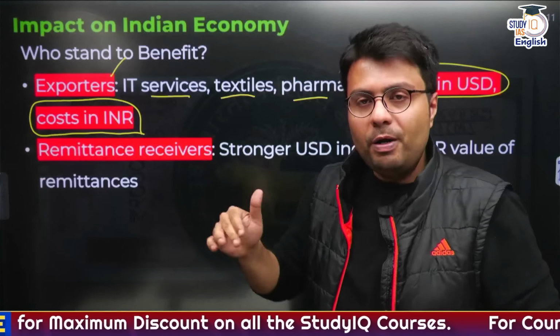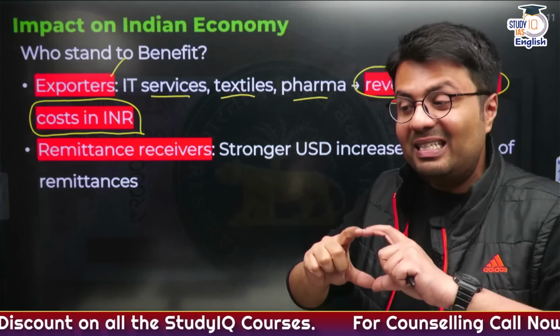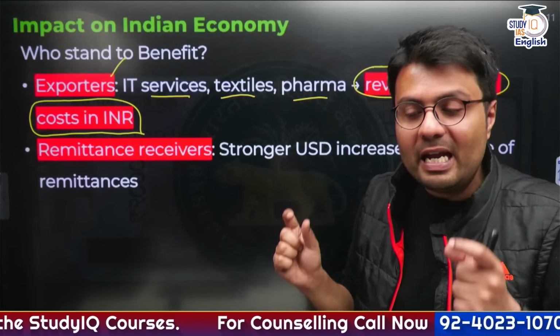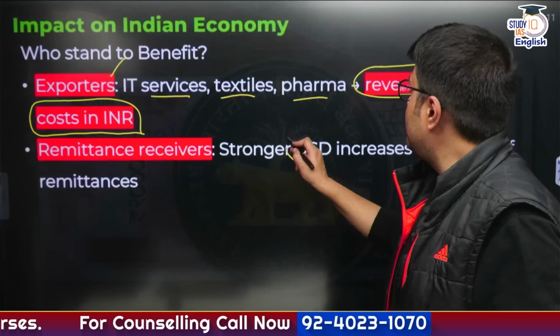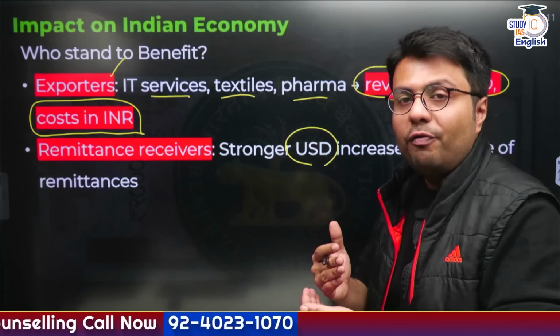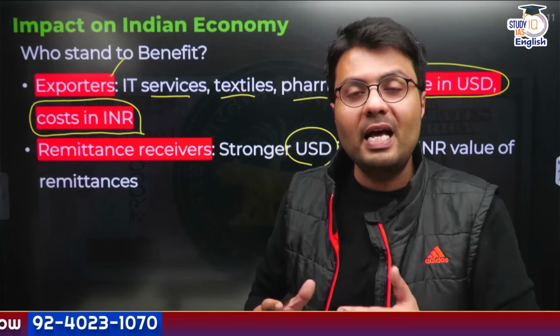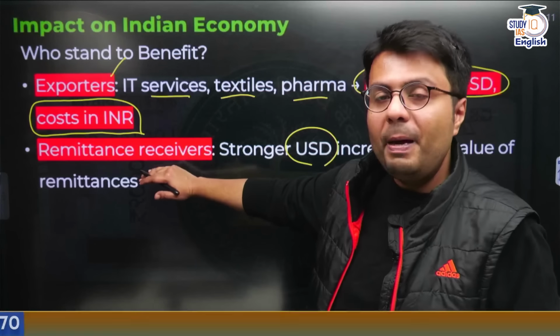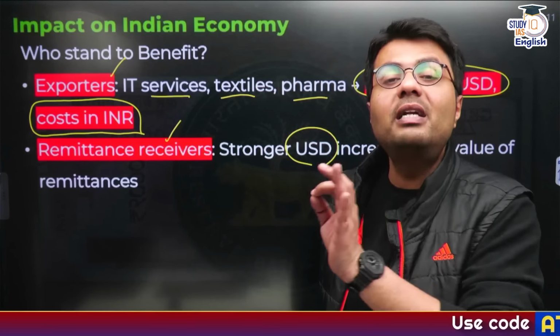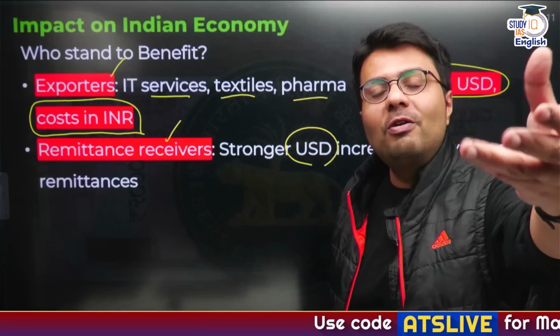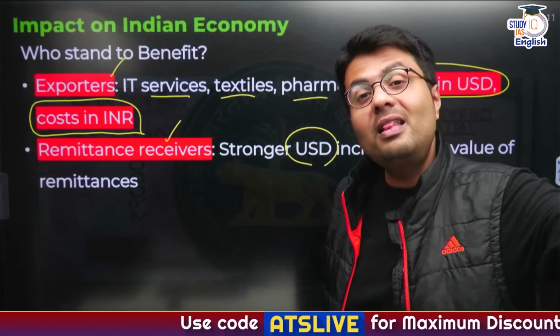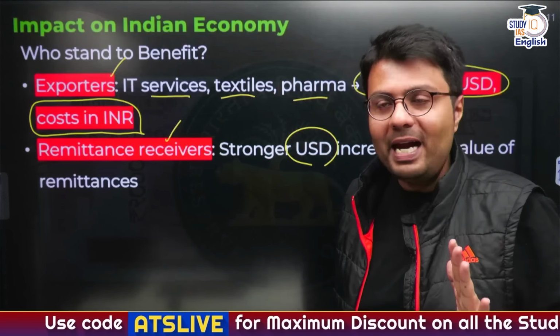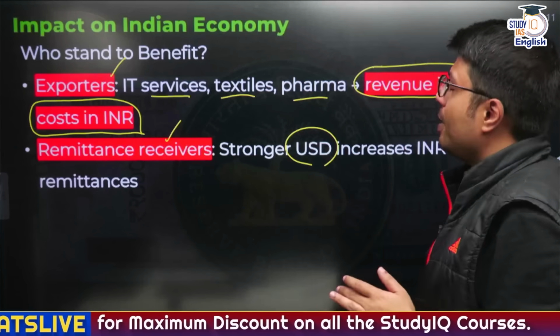India is the highest receiver of remittances anywhere in the world, and a stronger US dollar means that in terms of rupees, they are getting more than before. So these remittance receivers also benefit: people whose children, whose loved ones are working elsewhere and sending dollars into India, right? So these are the people who are going to benefit.